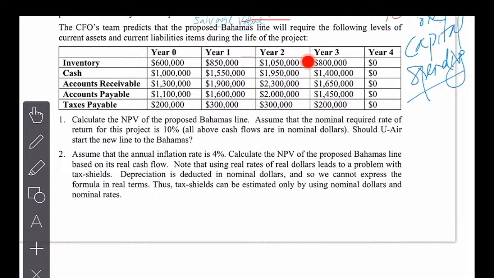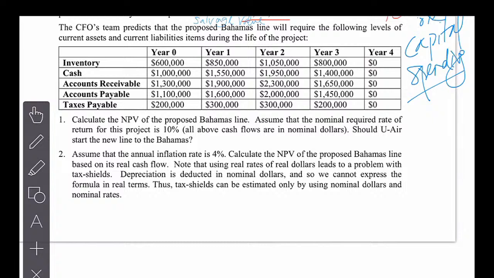You want $1,050,000 by the end of the second, $800,000 by the end of the third, and then by the end of the fourth, you're no longer going to need inventory. So you're going to move it to your other lines, or you're just going to clean out the inventory stock. So there's not going to be anything there. These are your needs by the end of each year.